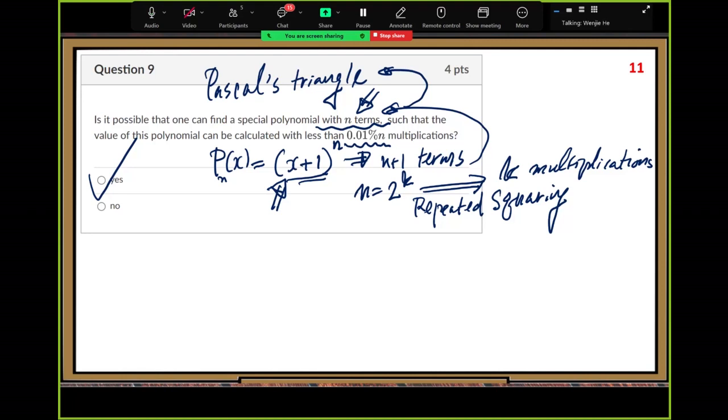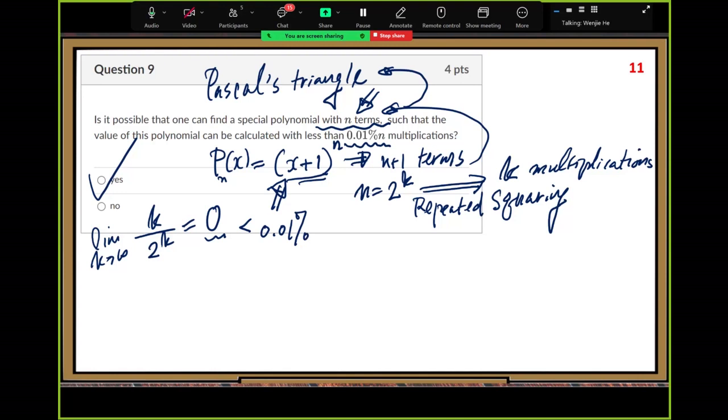Now, let's answer the question. Let's look at the ratio k over 2 to the k. We need k multiplications, and the degree is 2 to the k. We know that when k goes to infinity, the limit of this ratio is 0. Is this 0 less than 0.01%?